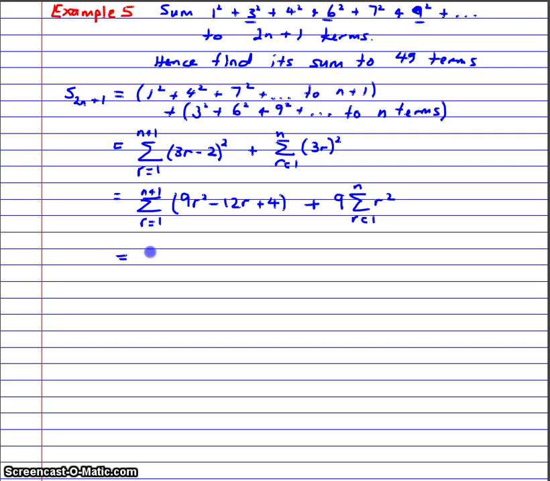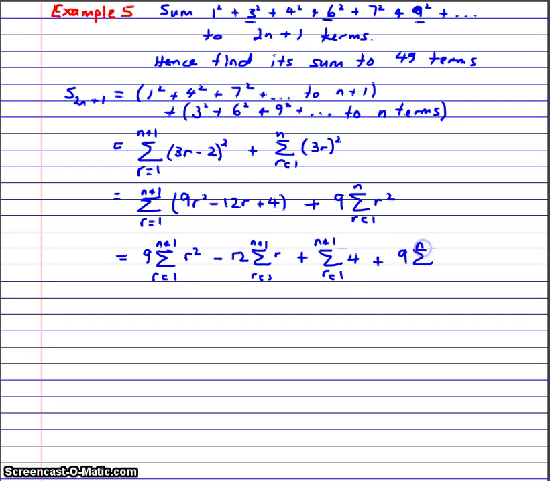So we're going to have in our first one 9 sigma r squared minus 12 sigma r plus sigma r equals 1 to n plus 1 of 4, plus another 9 sigma r squared.